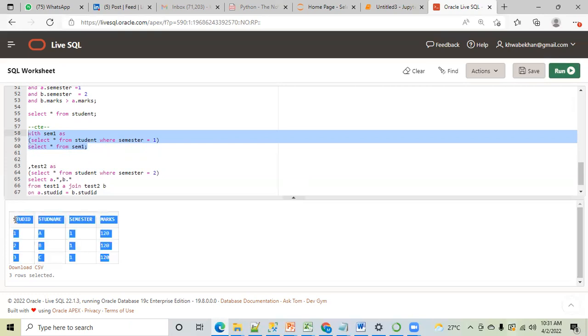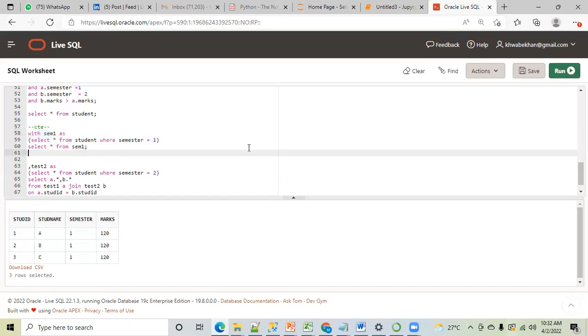Who will explain this first of all? I know this is a repetition, but please, I want someone to answer this. Come on, who will go first? What happened? You want the data only of SEM1. Select star from SEM1, correct? So why is this showing me semester 1? Why is semester 2 not coming here?